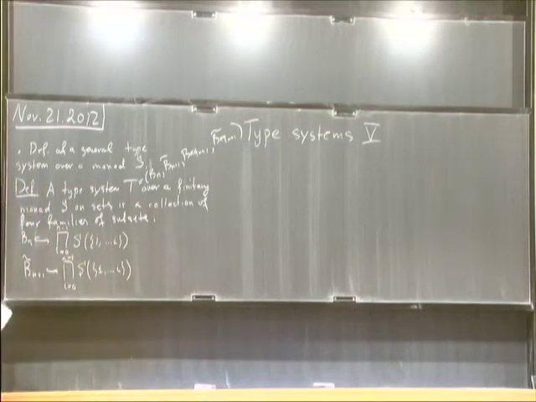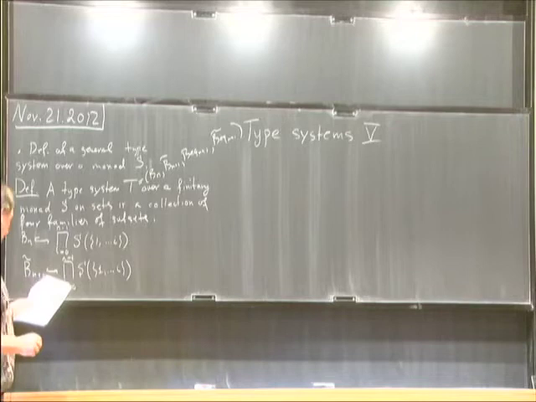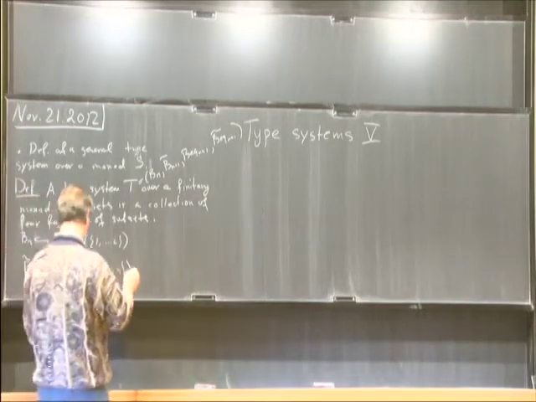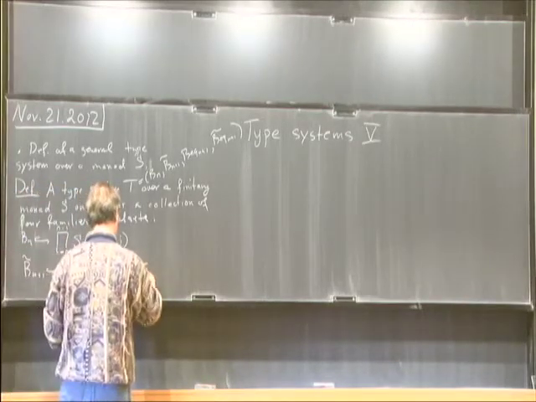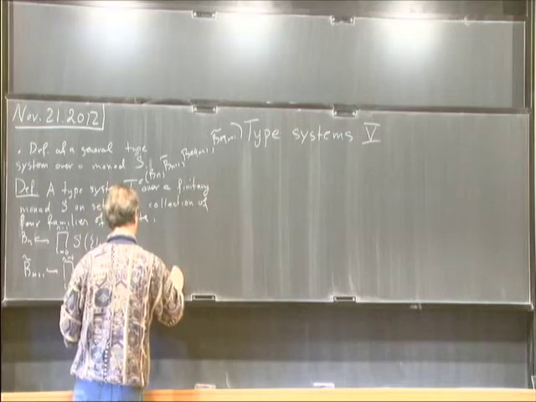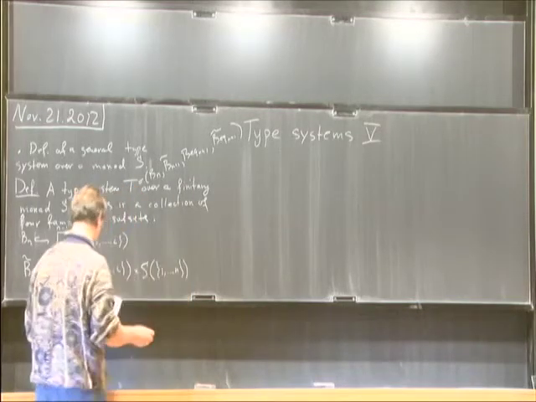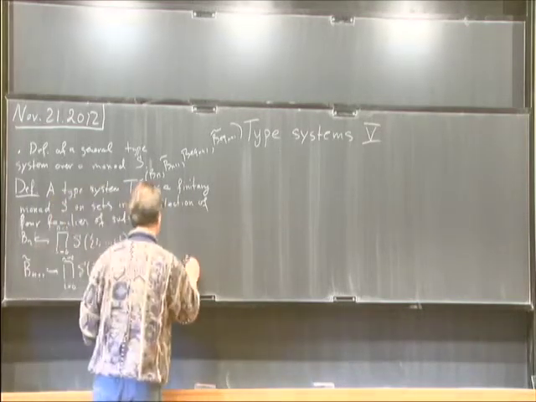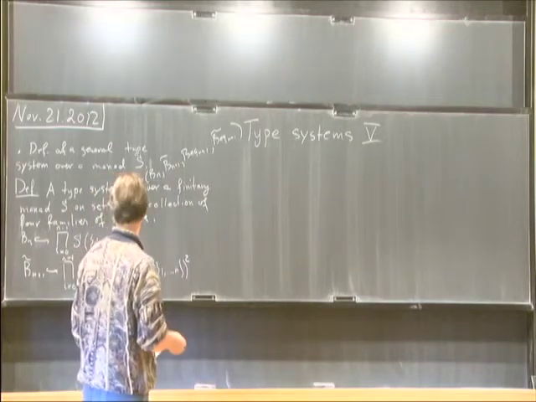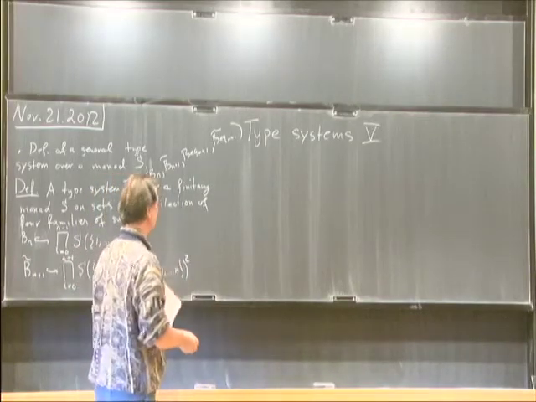Well, that we can check later. The syntheses are always a little confusing. Times S of 1 to n, squared. Now I need some space here.